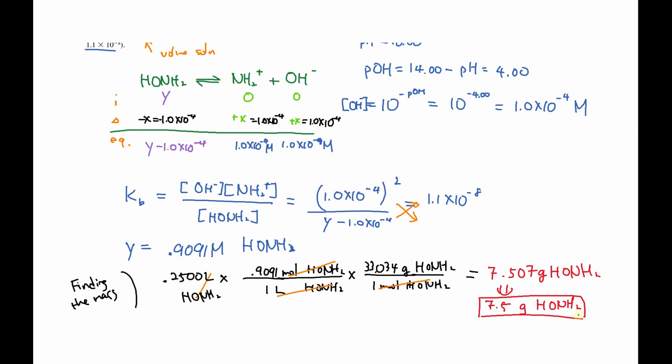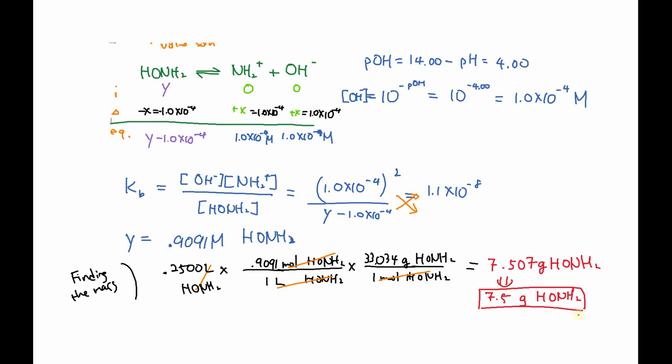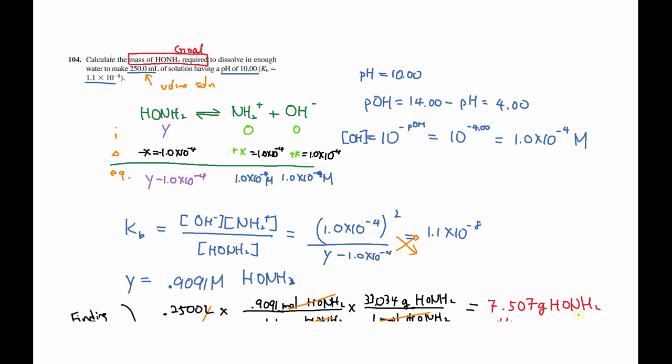So let me rephrase what I did from the beginning. Step 1 was to find the pOH, and then find the concentration of hydroxide. Then step 2 was to devise the ICE chart.